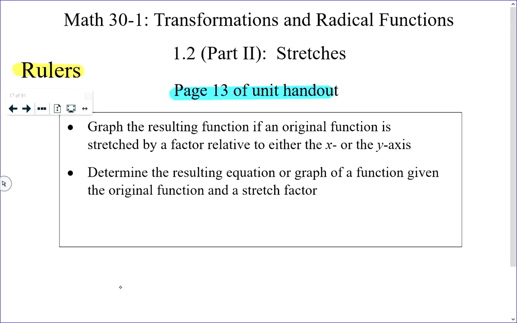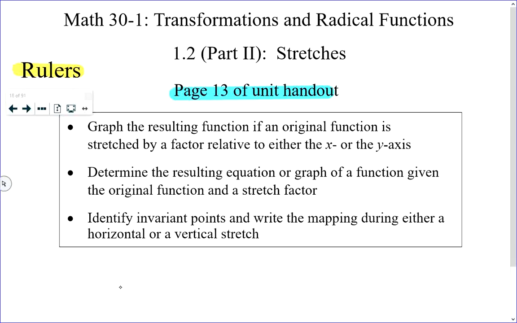If you're given the right information, you should be able to come up with the equation of a resulting function after an original function has been stretched, either horizontally or vertically. And then, much like reflections, there will be invariant points from time to time during stretches.